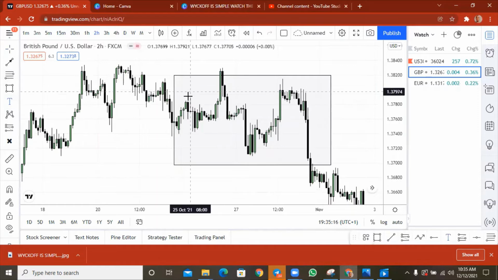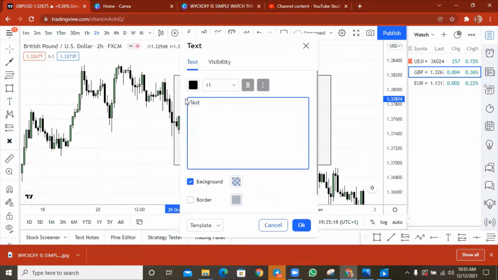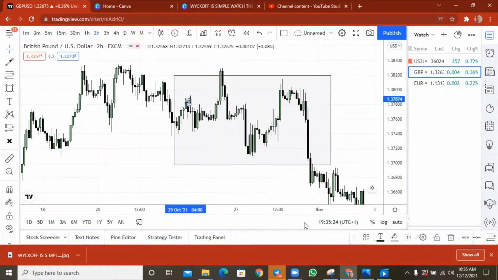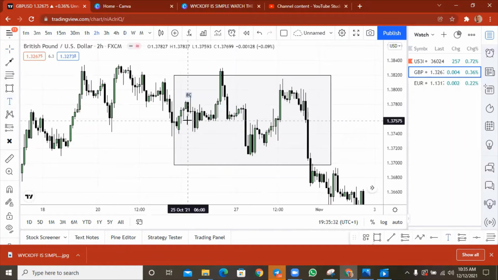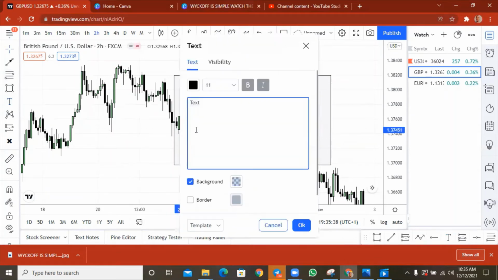Around here is going to be BC, right? Trust me, it's not going to be as accurate as the schematic I drew down here, but the market doesn't act in a robotic manner, right? And we have our automatic reaction right here, AR.